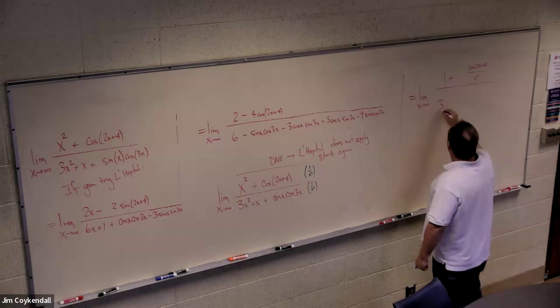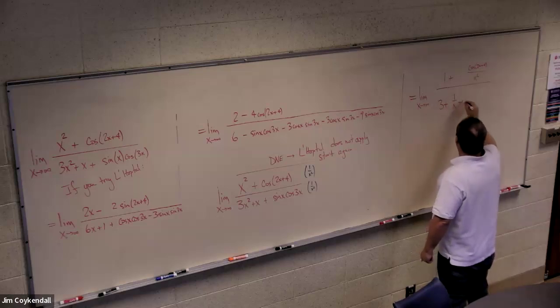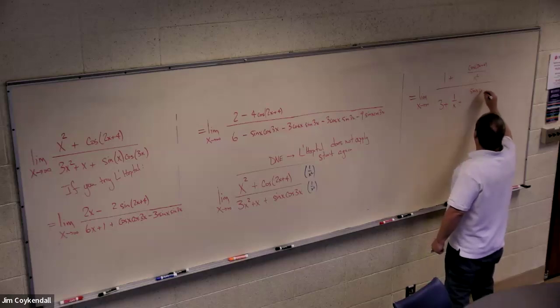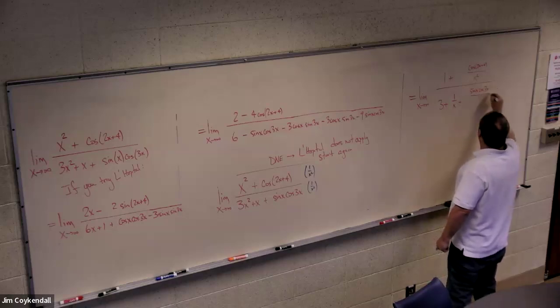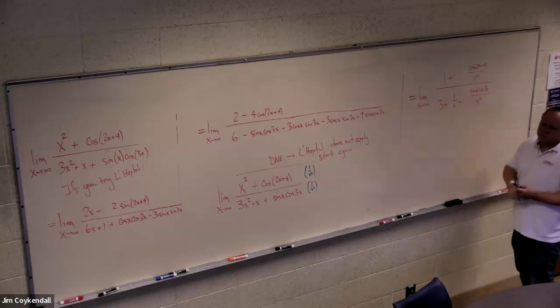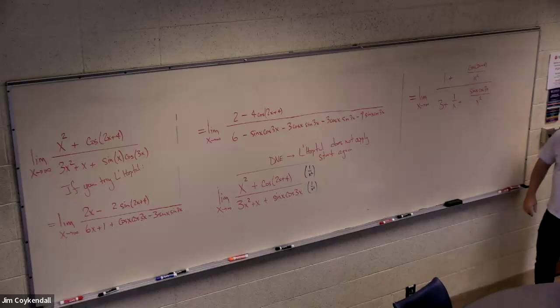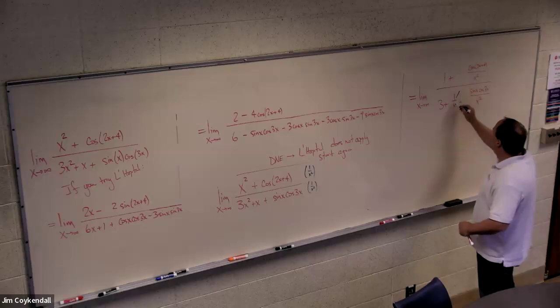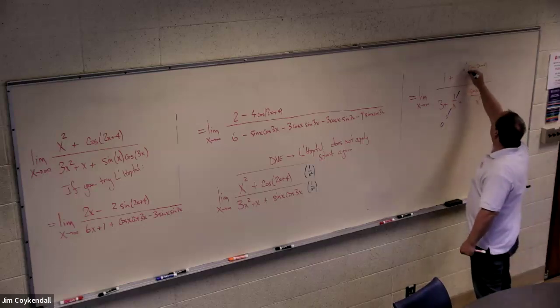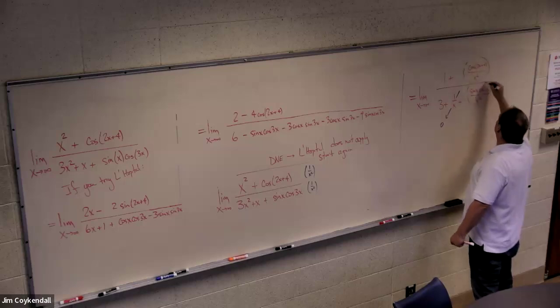And then on the bottom I get 3 plus 1 over x plus sine x, sine 3x over x. This goes to 0, and these two also go to 0.